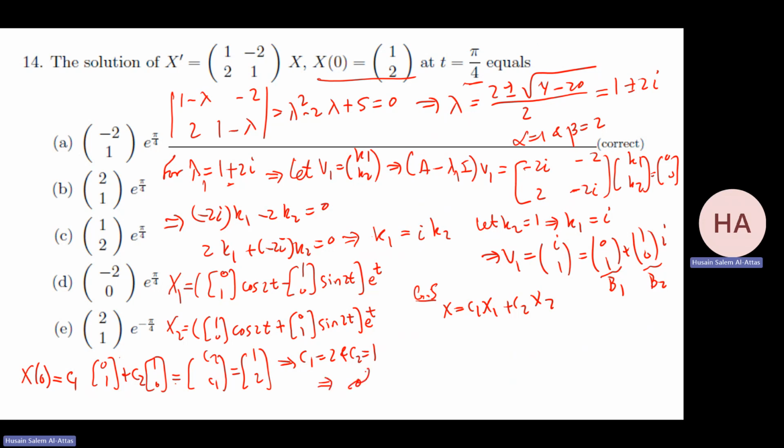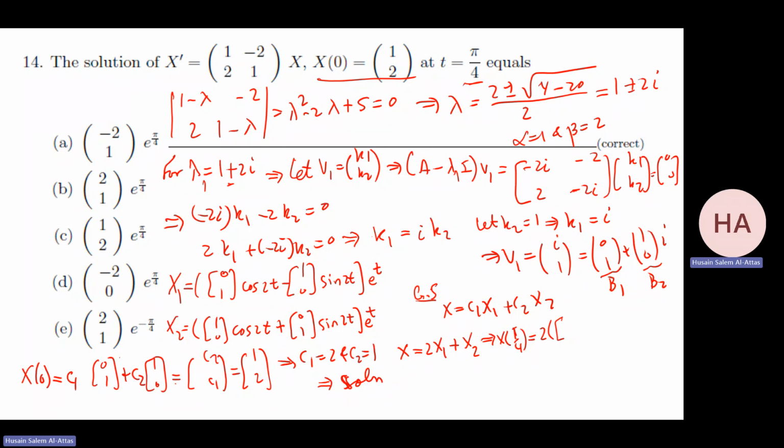So my solution will be x equal 2x1 plus x2. I want it at pi over 4. That means x at pi over 4 will be what? 2 times 1. Now be careful. Pi over 4, then it will be cosine pi over 2. Cosine pi over 2 is 0, so I have 0.